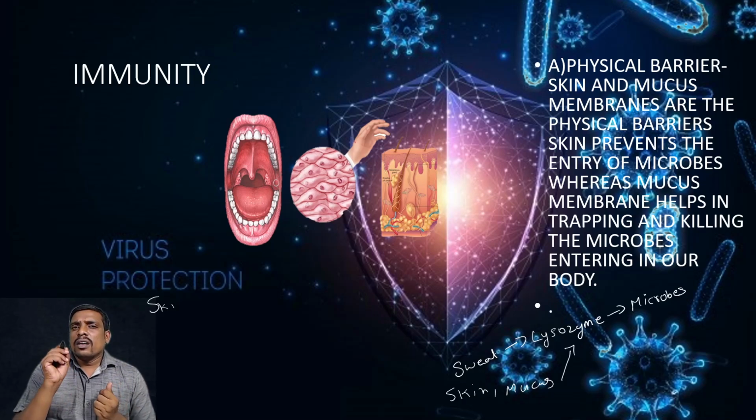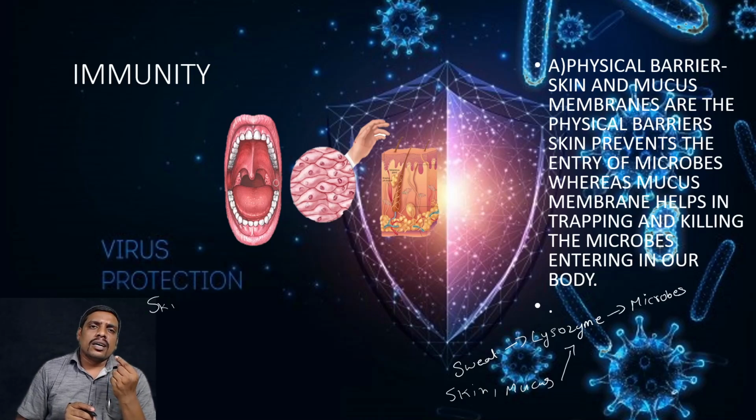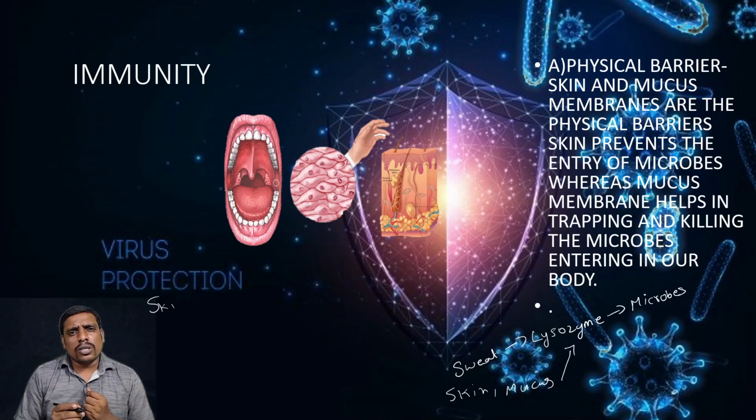That smooth surface layer in the inner cheek is called the mucous membrane. Like this, it is present in the entire gastrointestinal tract, which includes the esophagus, stomach, small intestine and large intestine, and the respiratory tract, which includes the trachea, left lung, right lung, bronchi and bronchioles. All of these are surrounded by a mucous layer. Mucus is secreted by mucous glands, which are present in the respiratory and digestive tracts.